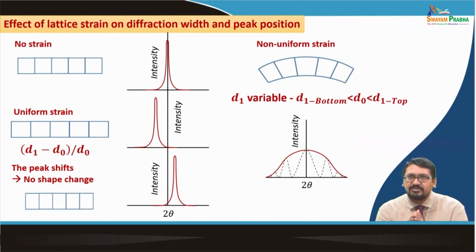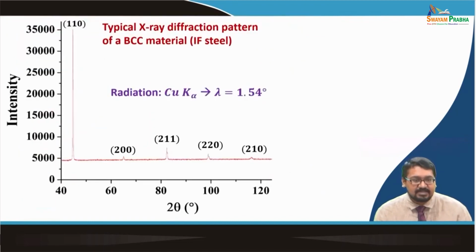So, n lambda equal to 2d sin theta. So, this d and theta are basically known for a particular material, and going to the previous slide, if the material is diffracting from a certain HKL plane, say the 110 plane, the interplanar spacing is already known. So, the theta is already decided, right, and this is decided for 110, for 200 and 211, and it is fixed at a certain theta.